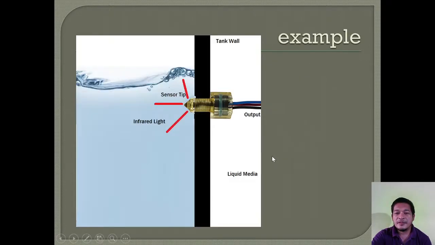So these are the samples of level sensors. For example, a water tank. If we want to sense the level of the water, these are the sensors we will use.